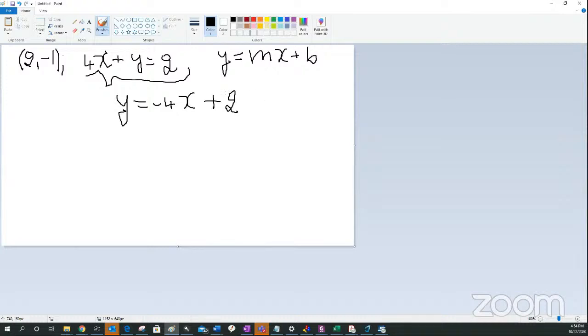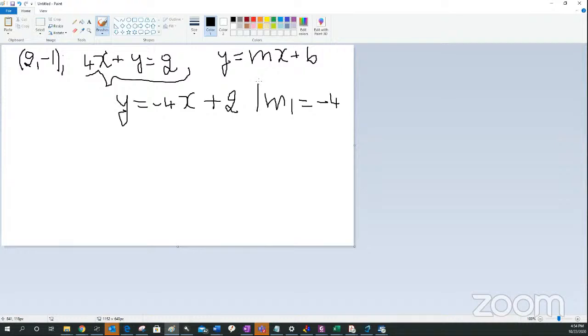And if you look at this equation, you will see that the slope is negative 4, right? So your m1 is equal to negative 4.